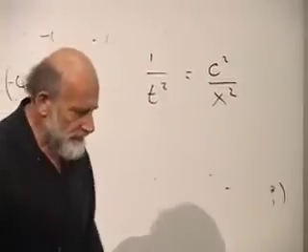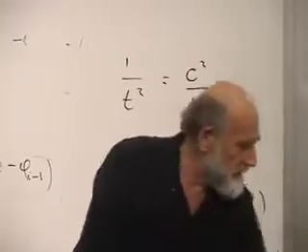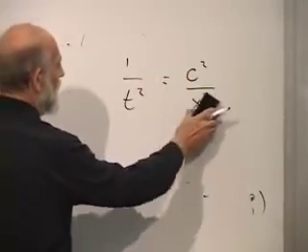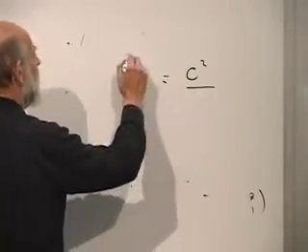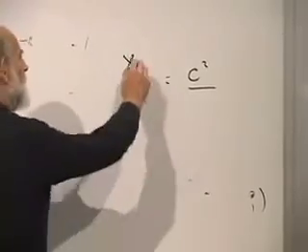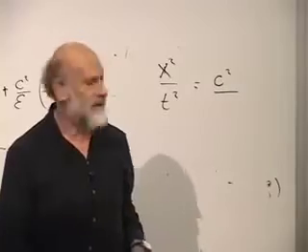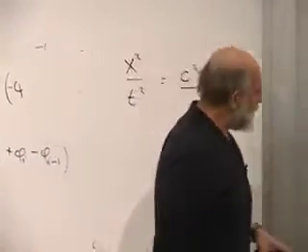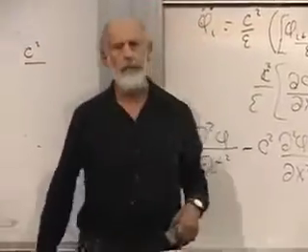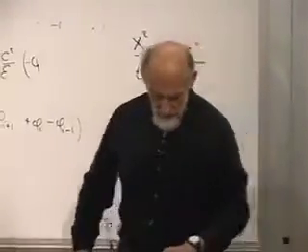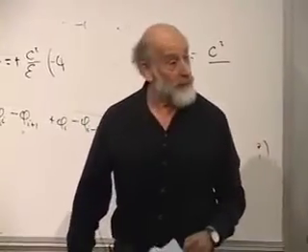All right, so it appears that whatever c is, it has dimensions of x over t. I think that's velocity, isn't it? I think I got it right. So c is the velocity of propagation of the waves up and down this string.